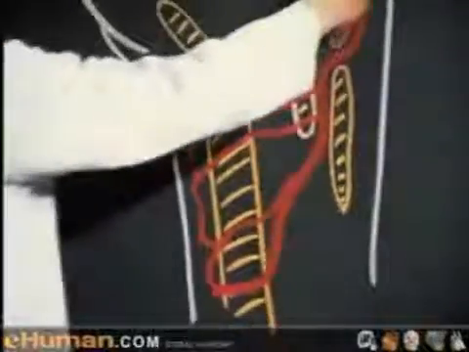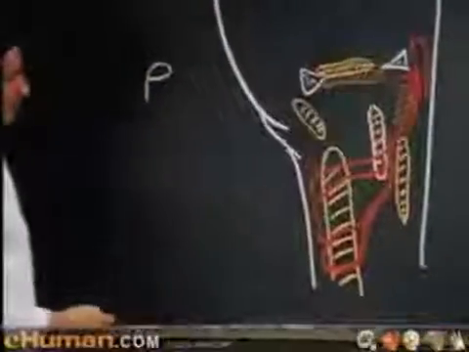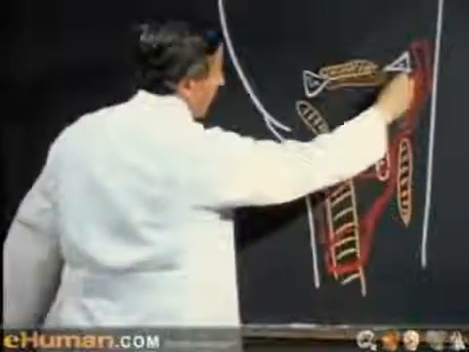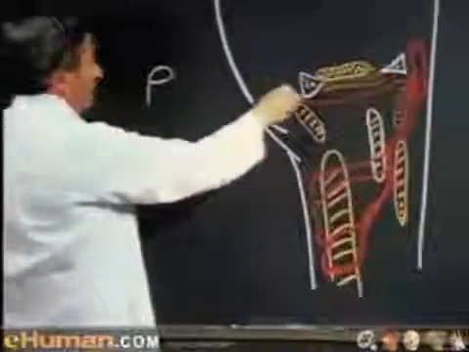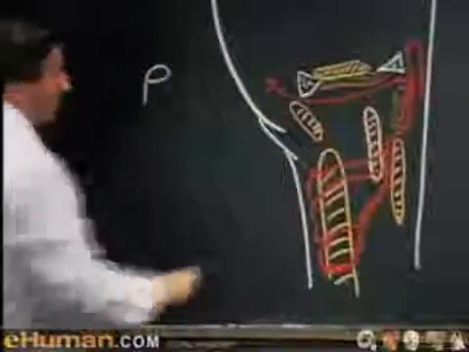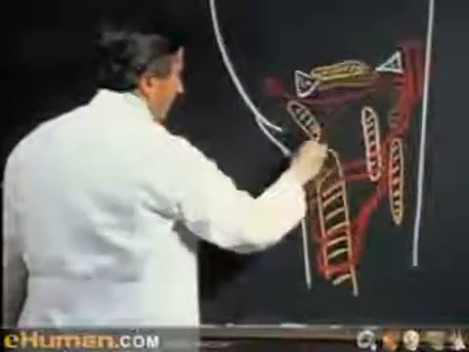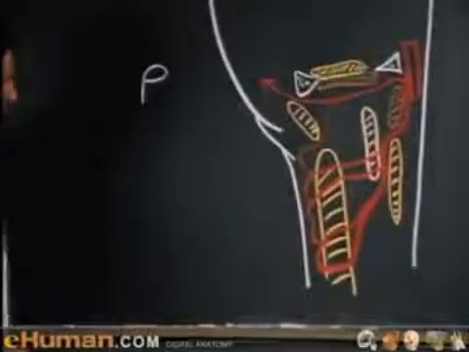Now, coming off from the beginning of the profunda artery, we have the medial femoral circumflex artery. And this passes back between the pectineus and obturator externus, and one branch passes up to the gluteal region where it anastomoses with the inferior gluteal artery, and another branch will come down here and anastomose with the first perforating artery.